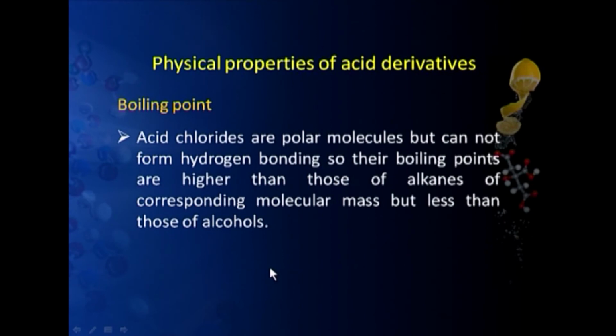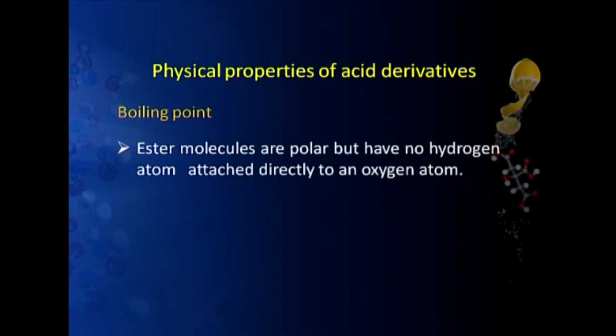Then their boiling point. Acid chlorides are polar molecules because they have a carbon-chlorine bond, whereas chlorine is electronegative, and they cannot form hydrogen bonds amongst themselves. So, generally their boiling points are not very high, but definitely they are higher than alkanes because they have some dipole interactions, and their boiling points are generally lesser than the corresponding alcohols. Then ester molecules are also polar and cannot form hydrogen bonds amongst each other.